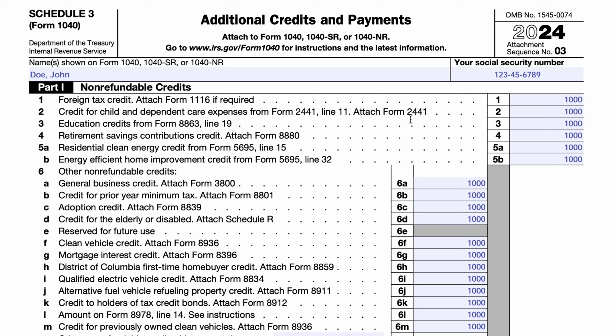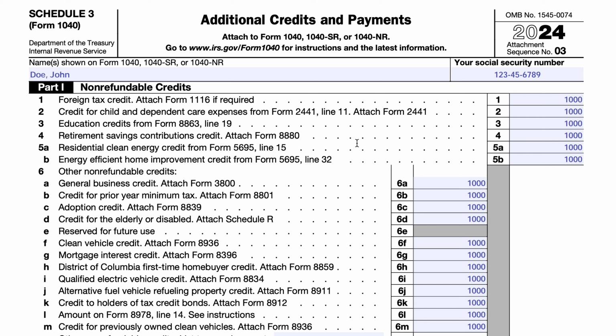So that's the line 8 item. This happens to be line 19. So, if you incurred qualified education expenses, you can take a tax credit. The non-refundable portion of that credit cannot reduce your tax bill below 0.